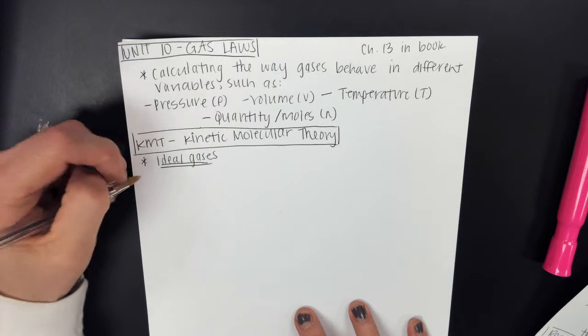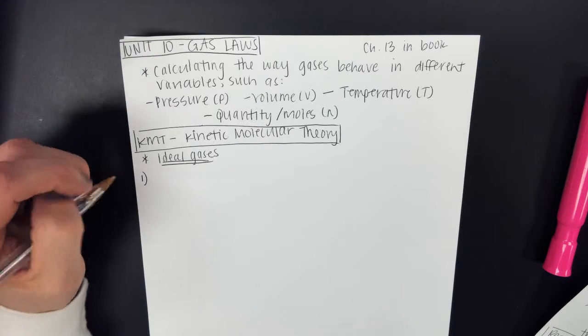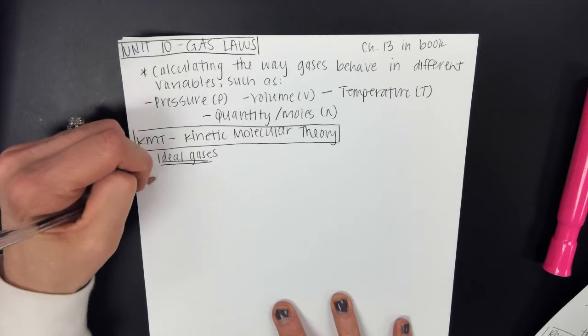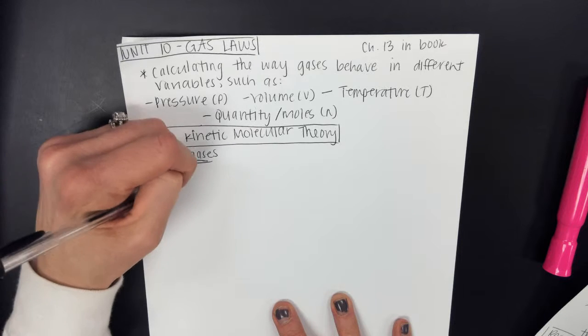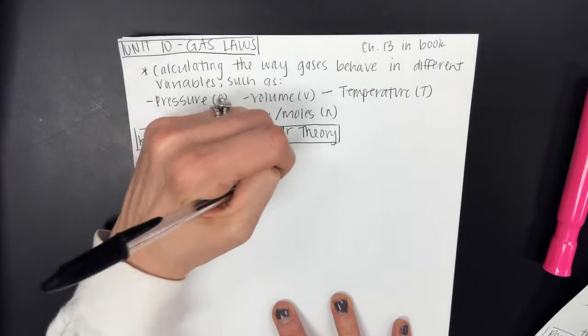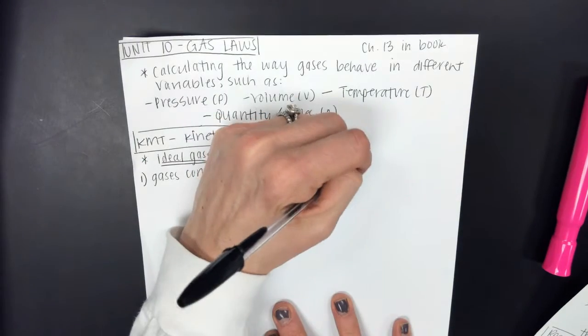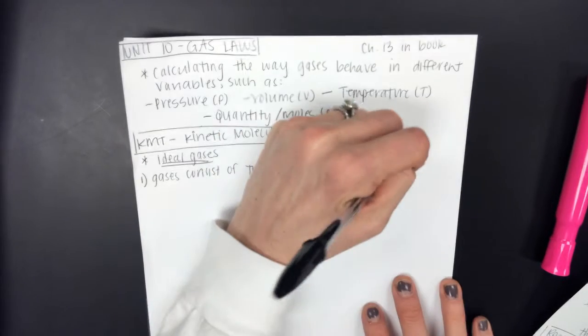So these assumptions that we make, these postulates for kinetic molecular theory, are that gases consist of tiny particles, and you know those particles to be atoms and molecules.